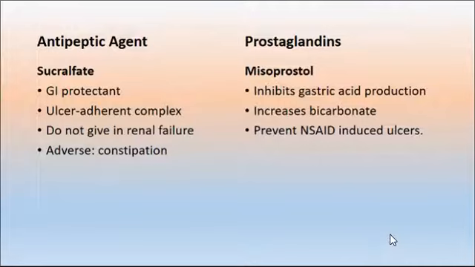So misoprostol can be used to prevent the ulcers coming from NSAID use. Hopefully that makes sense. It also inhibits gastric acid production and increases bicarbonate, which is protective and prevents that ulcer.